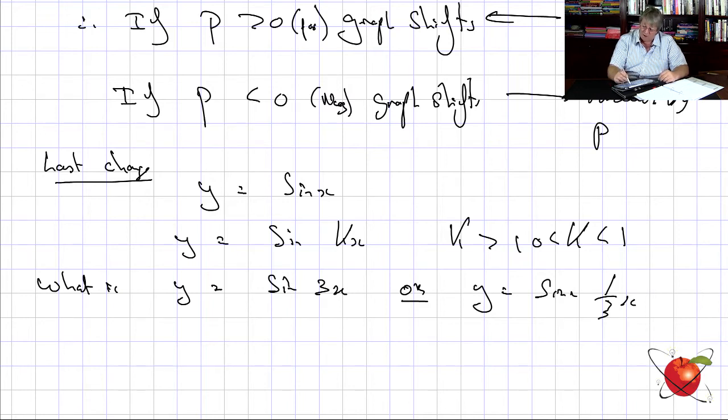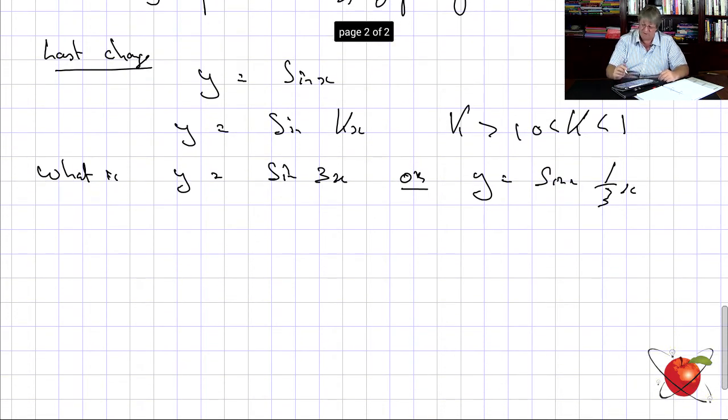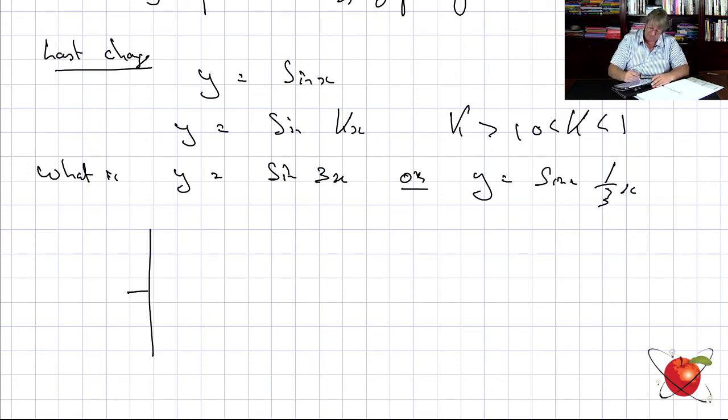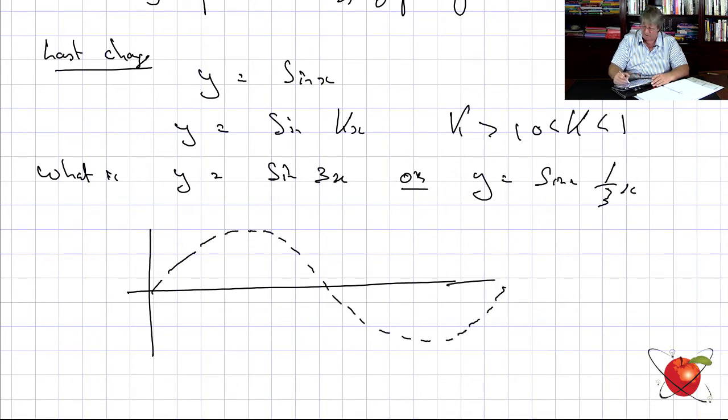If you did a drawing, let's have a look again. Here's my standard sine graph coming through there, and we've got our 90 degrees, 180, 270, and 360 degrees. That's what the standard looks like.